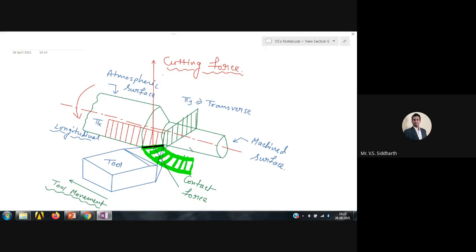Say yes or no. Yes. Just observe the diagram.